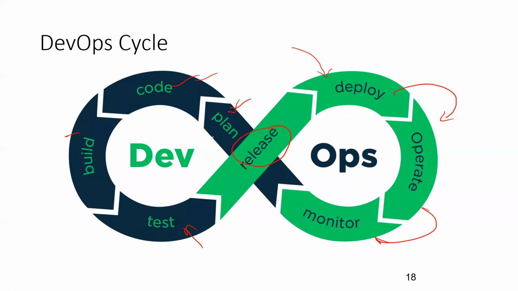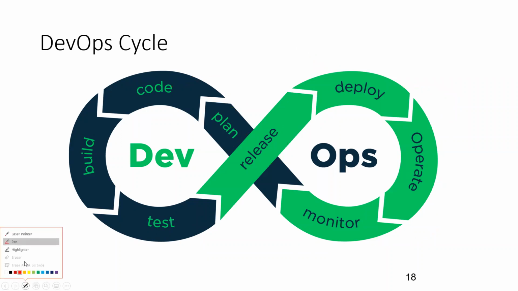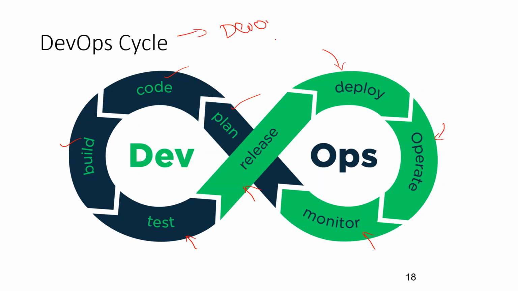So everyone used to do different jobs, but today every company is expecting a Superman. That Superman should have planning skills, coding skills, building skills, testing skills, release skills, deployment skills, operational skills, and monitoring skills. If that Superman has all the skills, then this guy is called a DevOps expert who has all the skills.